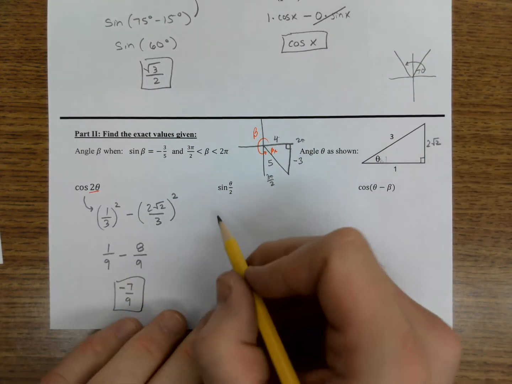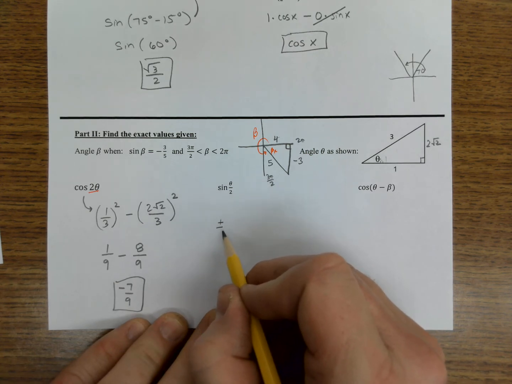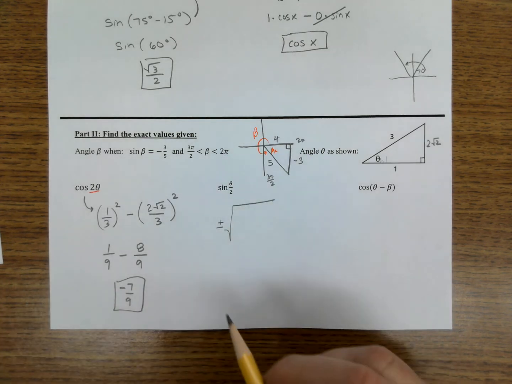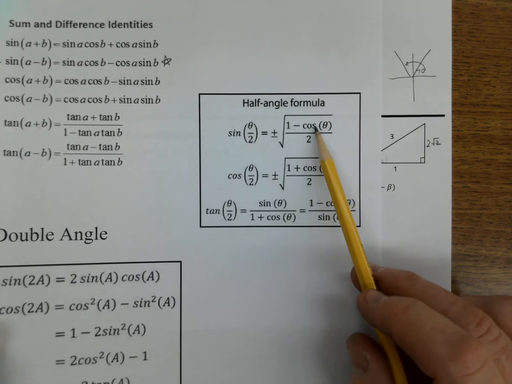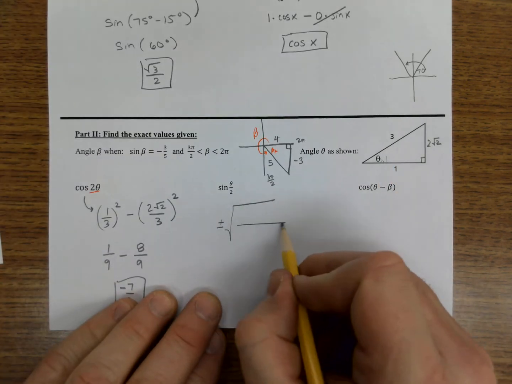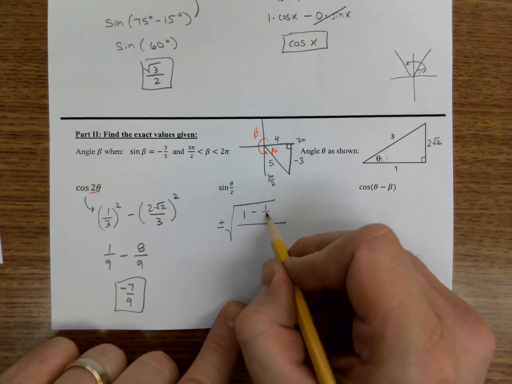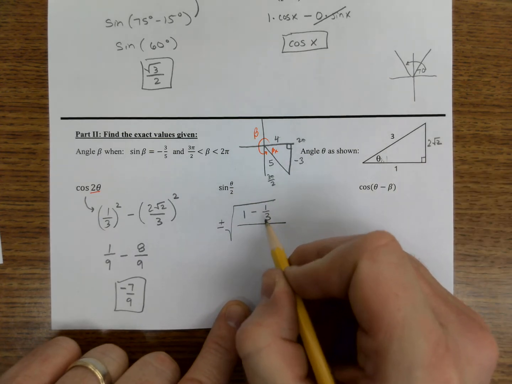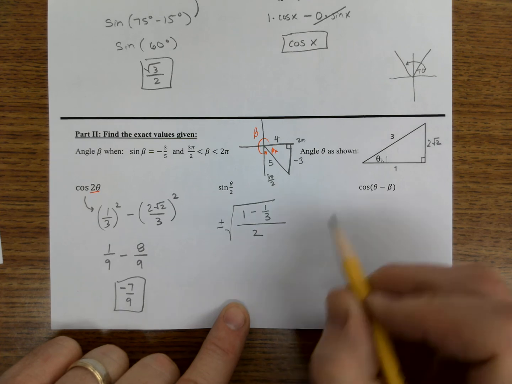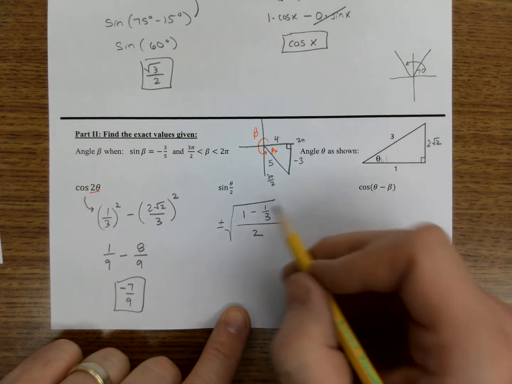All right, the half angle formula here. We have plus or minus. We're going to use a half angle formula for sine, which is here. So it is 1 minus the cosine value, and the cosine value is 1/3, divided by 2. This is good.